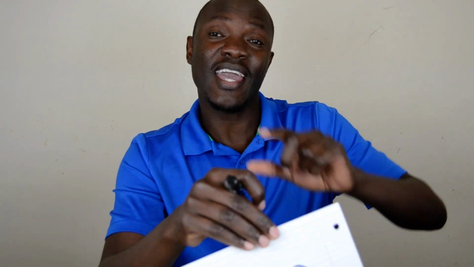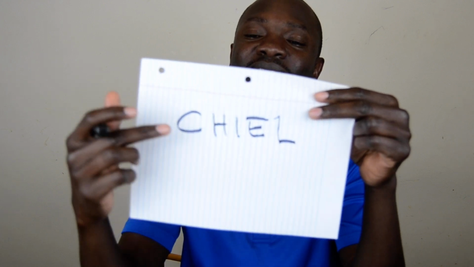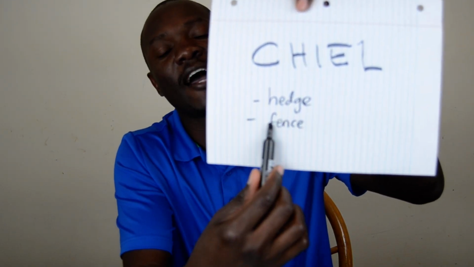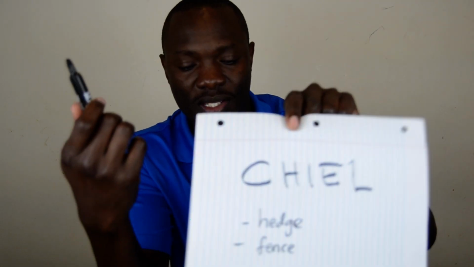Then the hedge that is surrounding your home is called chiel. So chiel could be a hedge or a fence. So these are just the normal stuff that you meet in your daily life.